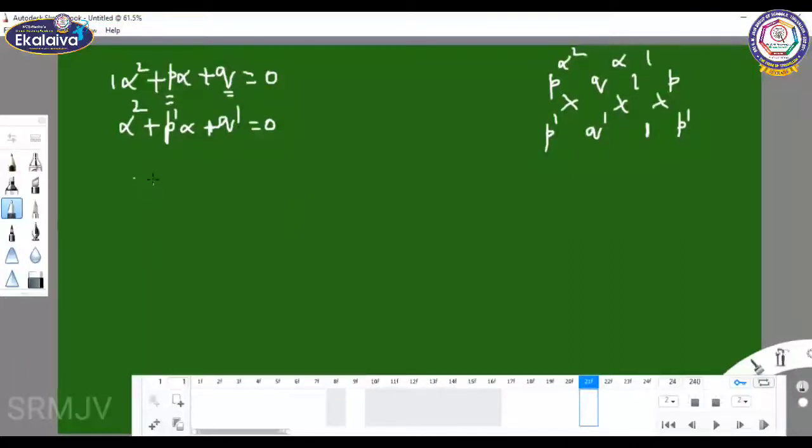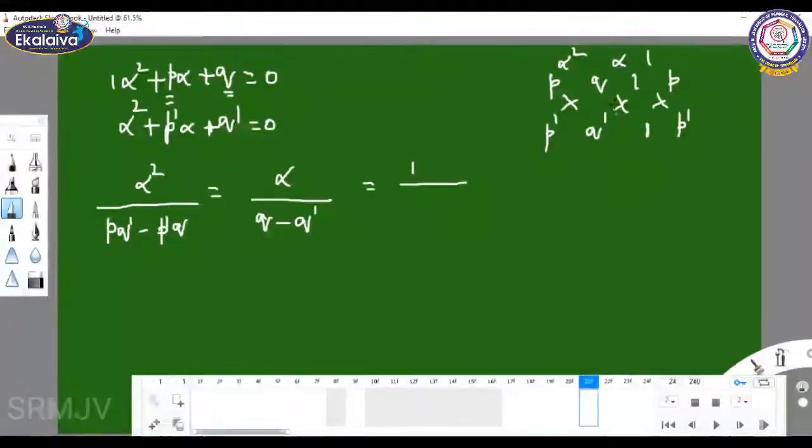So you will write alpha square by, do the cross multiplication, P Q dash minus P dash Q, equal to alpha by q minus q dash, equal to 1 by p dash minus p.